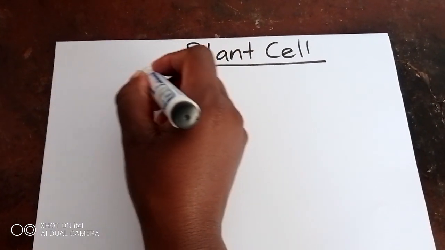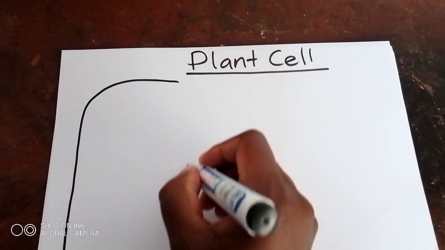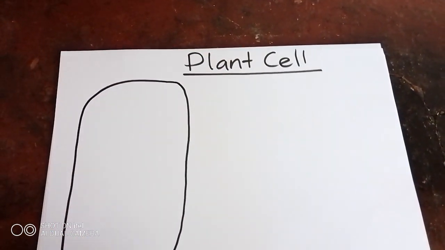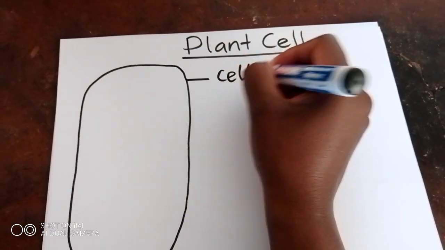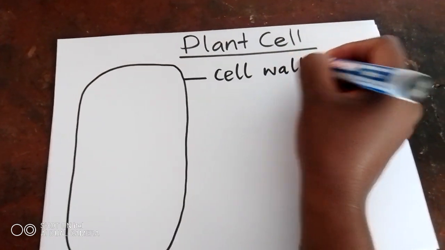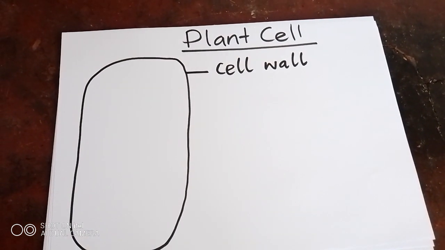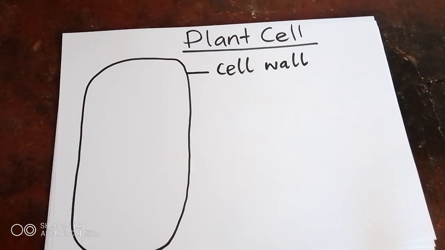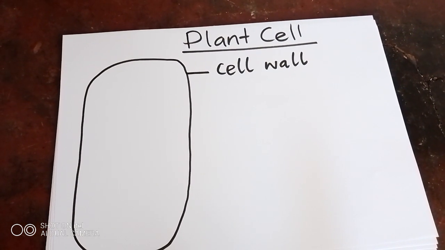The plant cell has a regular, distinct shape. The boundary that I have drawn is what we call the cell wall. The cell wall is non-living. That means there is no life in it, but it surrounds the cell membrane.